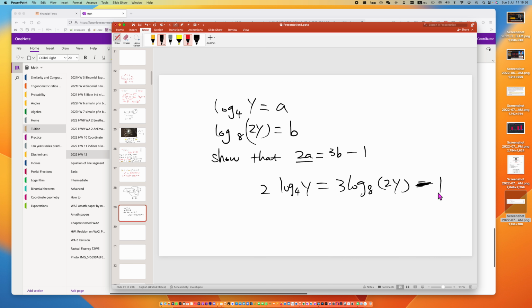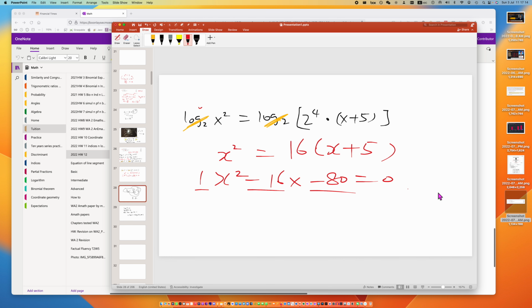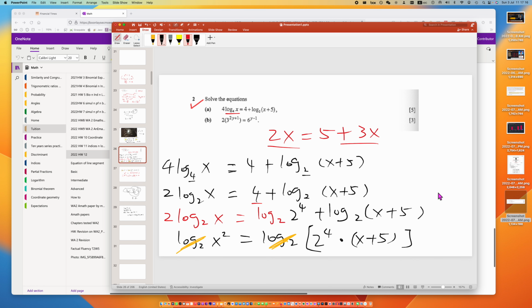But after substituting into a and b, you manage to show that the left hand side is equal to the right hand side. Understand? So in fact this question is very similar to the question we did just now, but asked in another format.